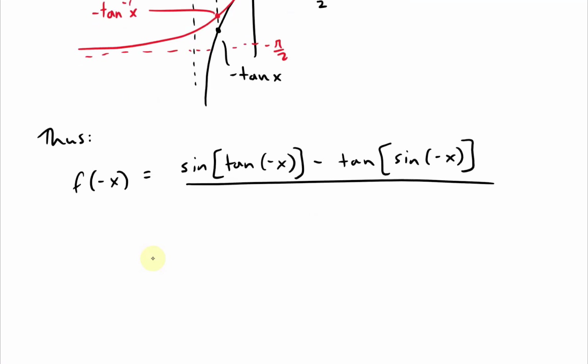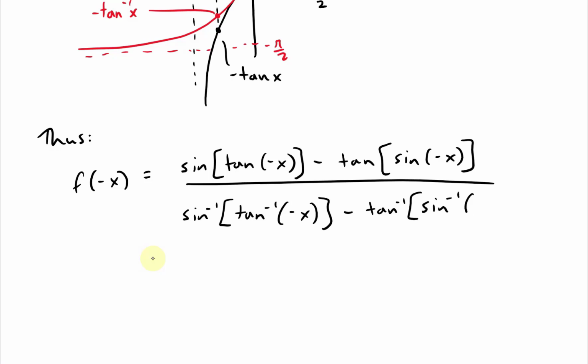Divide this by, now we have the inverse, so inverse sine of bracket tan of inverse negative x, bracket, minus inverse tan. Put a big box bracket. Now we have the inverse sine, so again, tan, sine, sine, tan. And now we have negative x, like that.